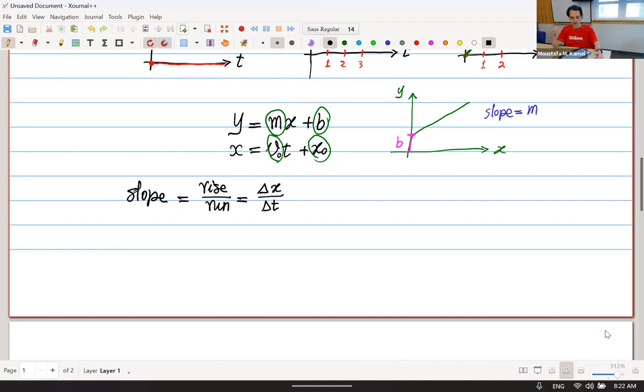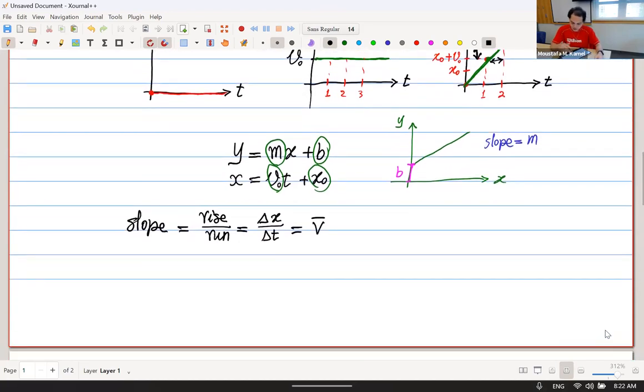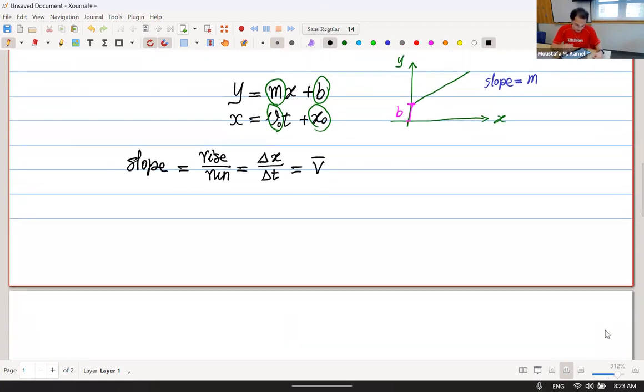You divide rise over run, you get delta x over delta t. This is exactly how we defined average velocity. So we get the same expression. And if we want the instantaneous velocity, we just make this delta t smaller and smaller. This corresponds to looking at the slope of the tangent of the curve. So this is average velocity.